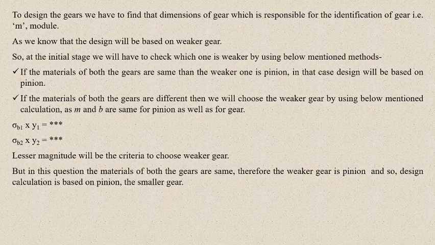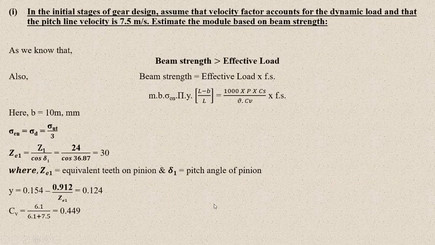If the material of both the gears is same, then pinion is weaker undoubtedly, but if the material of both the gears is different, then the below mentioned calculation will be helpful to choose the weaker one. It is the product of allowable static stress into Lewis form factor. So multiply both the factors for pinion and gear respectively, and the lesser magnitude will be the criteria to choose the weaker gear. In this question, both the gears are of same material. It means this designing is based on pinion.